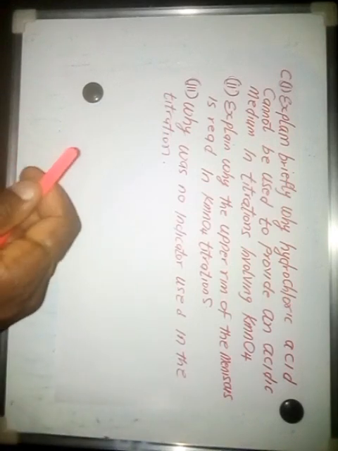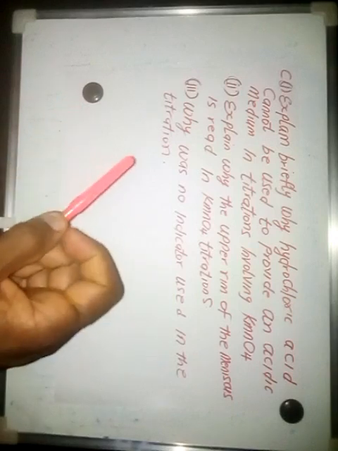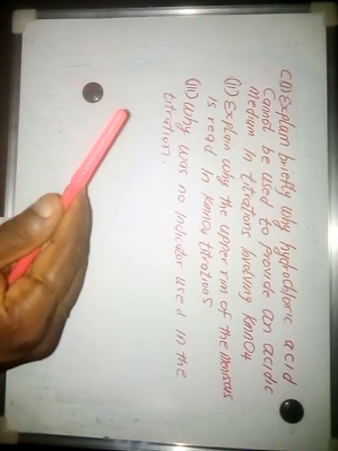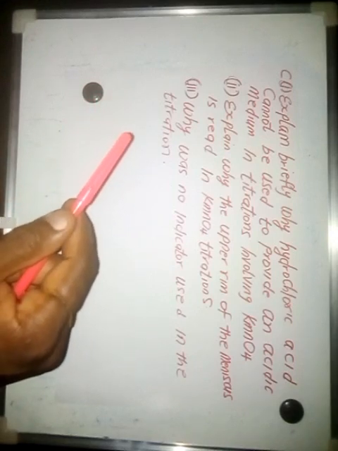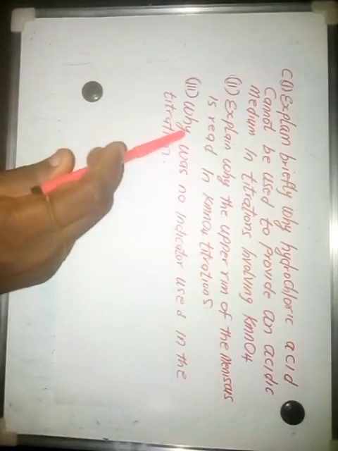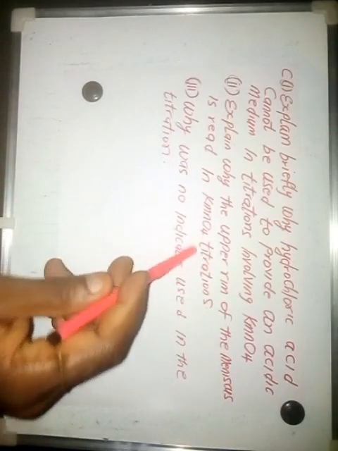Unlike your normal titration, where it's the lower meniscus you go for because it's transparent. So the answer is that the lower meniscus cannot be seen. The reason the upper rim of the meniscus is red in KMnO4 titration is because the lower meniscus cannot be seen. That's a simple reason.